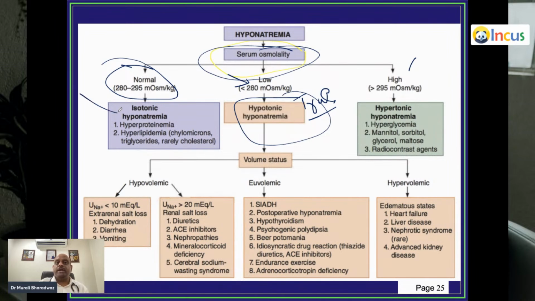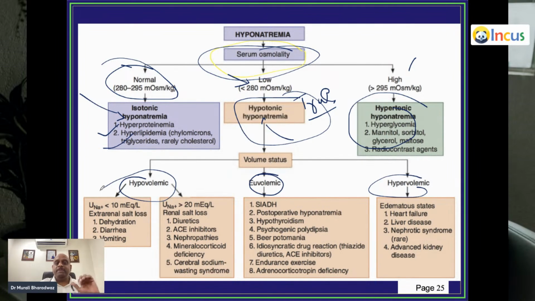That's called isotonic hyponatremia. What is the cause? Any hyperproteinemia or hyperlipidemia leads to isotonic hyponatremia. The other type is called hypertonic hyponatremia. Whenever the patient has hyperglycemia, or you have given radio contrast agent, mannitol, sorbitol, glycerol, or maltose, all of this will lead to hypertonic hyponatremia.